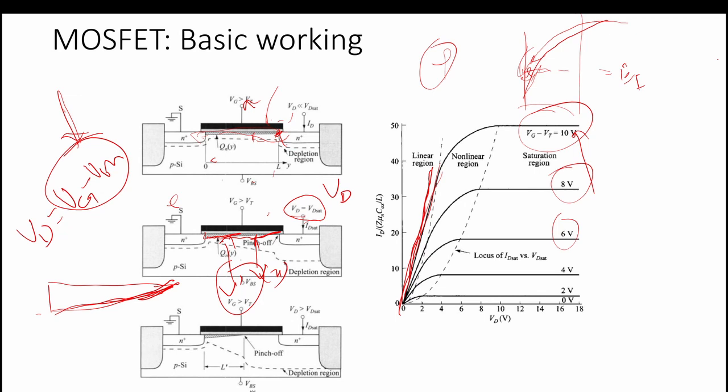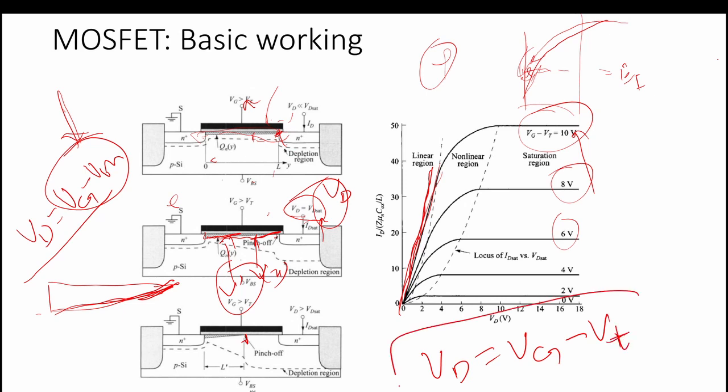If we apply more and more drain voltage, this is the pinch off region at Vd equal to Vd saturation. Vd saturation is nothing but Vg minus Vt.